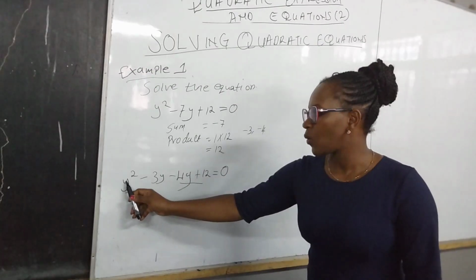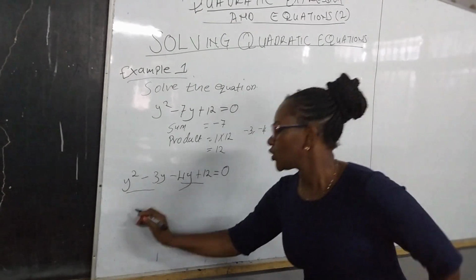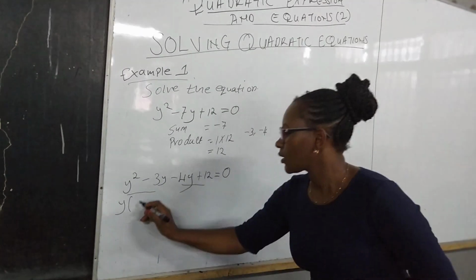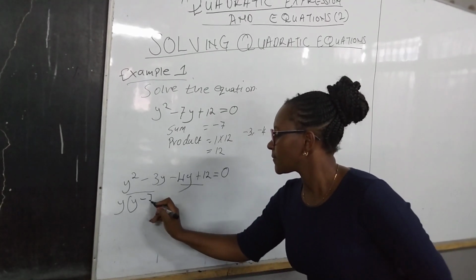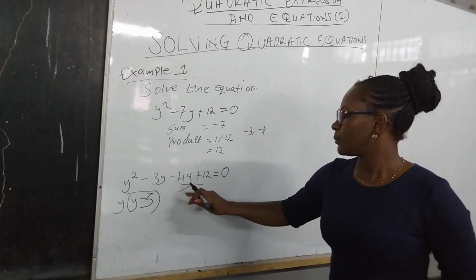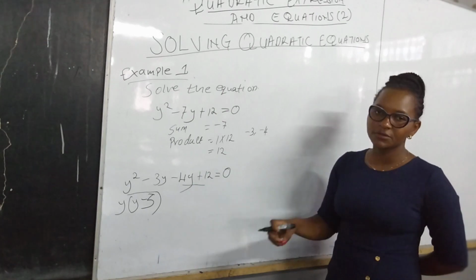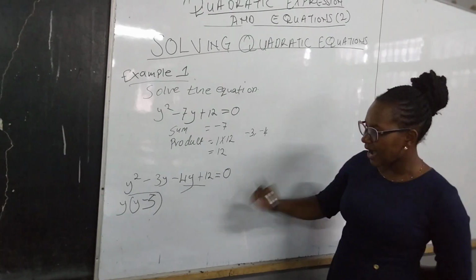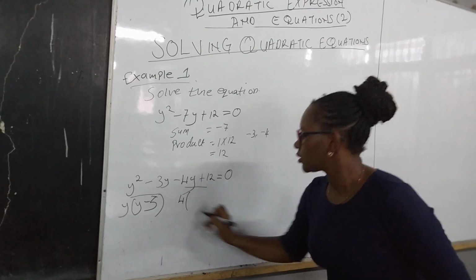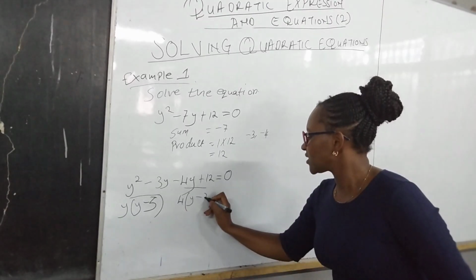Between y squared and 3y, we can see that y is common, so we have y, and we are left with y minus 3. Between negative 4y and 12, we can see that 4 is common, so we have 4, and I am left with y minus 3.